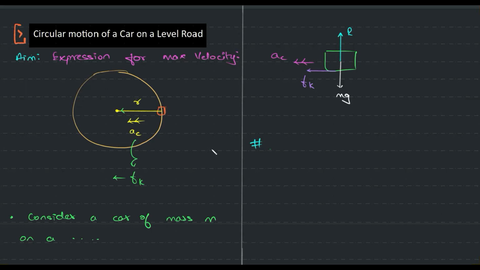So what is the speed limit? We are basically looking at the speed limit, say 60 kilometers per hour. So basically what is the speed limit is what we are looking at. Okay, so that's the basic agenda.